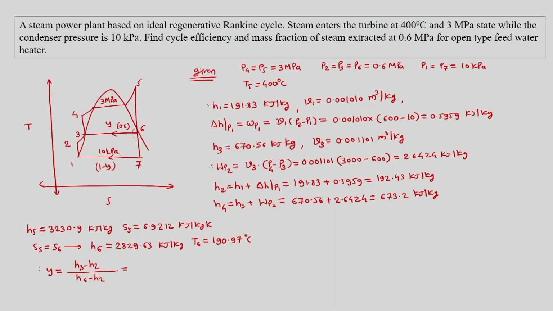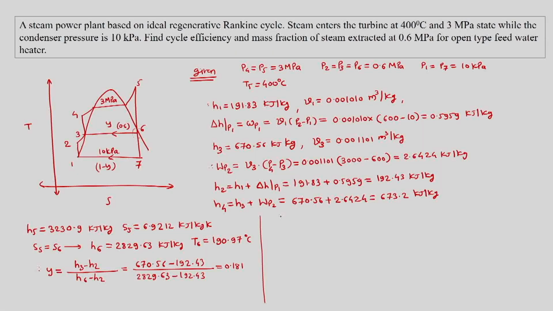So this gives us y equal to 670.56 minus 192.43, divided by H6, which is 2829.63, minus 192.43, and this gives us 0.181. So the mass fraction is found.